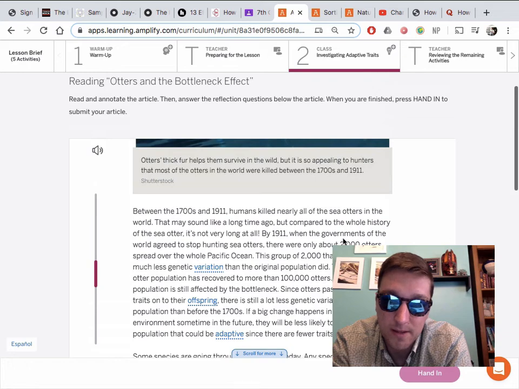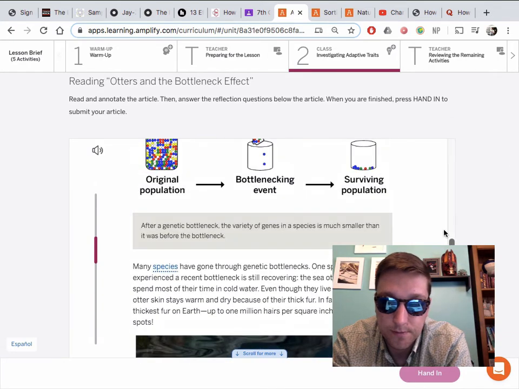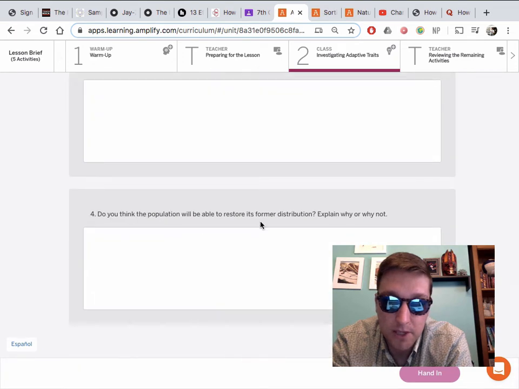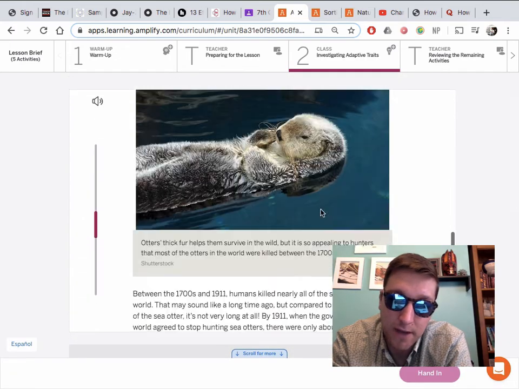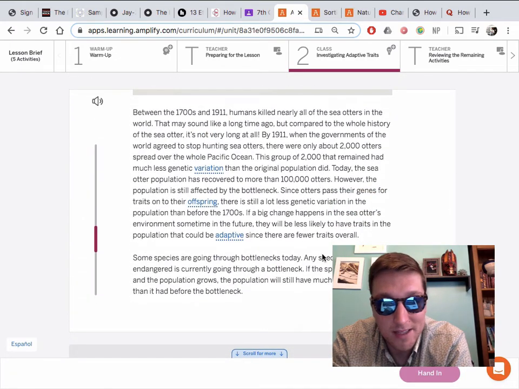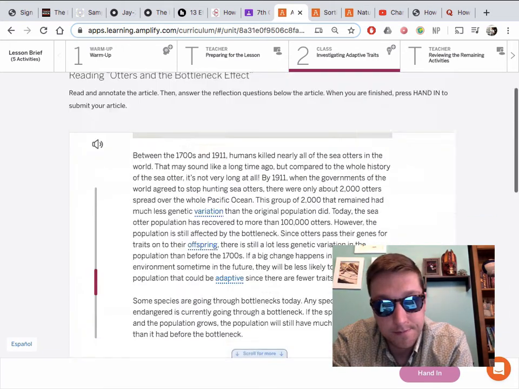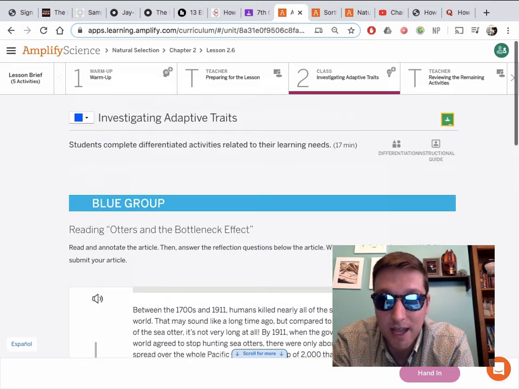Well, because humans, hunters, reduce the population by so much. Do you think the population will be able to restore its former distribution? Well, whenever you have a bottleneck effect, that's hard to do. And it says down here, if the species ever recovers, the population will still have much less variation than it had before the bottleneck, because it just doesn't have the same gene pool that it used to have.